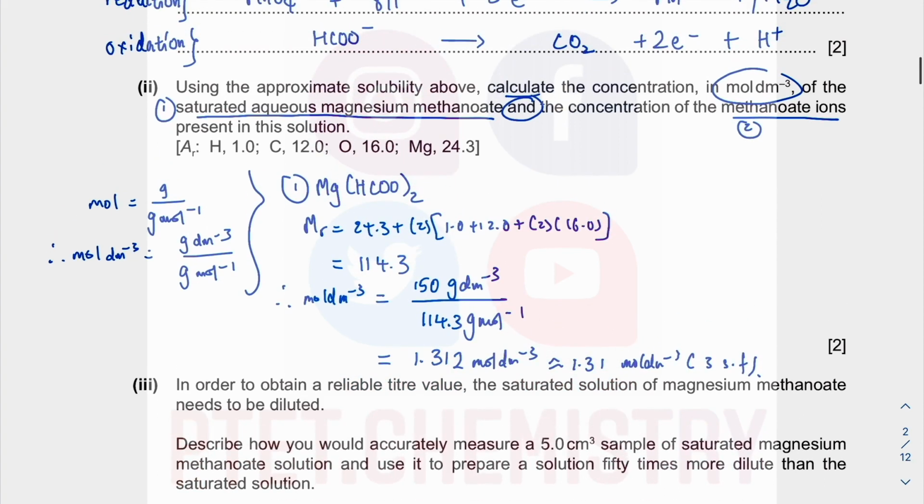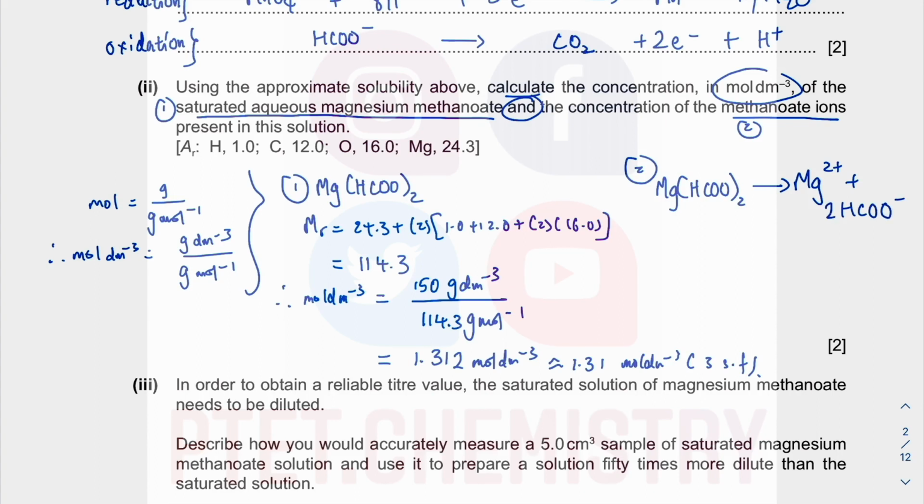But that is just for the first part, that is for the magnesium methanoate. And we want concentration of the methanoate. Okay, so be very careful. Assuming it is soluble, which it is, saturated solution, that will give you Mg2 plus HCOO minus. That will give you 2 of it.